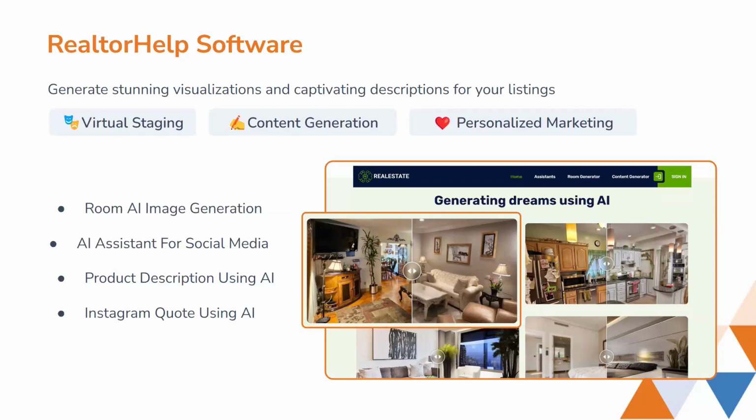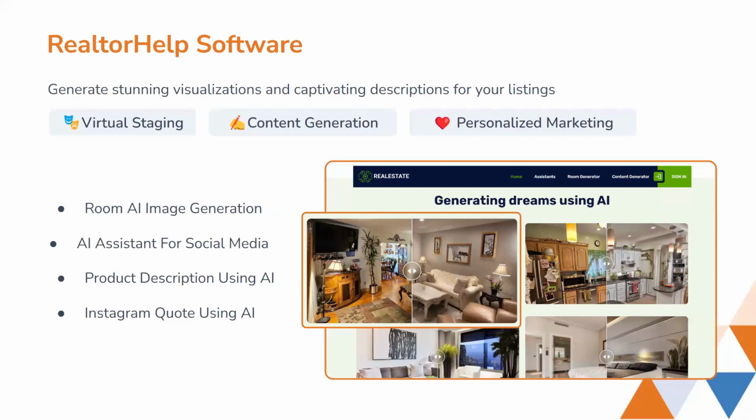The second one is AI assistant for social media. For ChatGPT, I'm not sure if you are still using the paid version, but if you are not, then you are missing out on the GPTs, which the paid version of ChatGPT has. With GPTs, you can make your own custom ChatGPT.